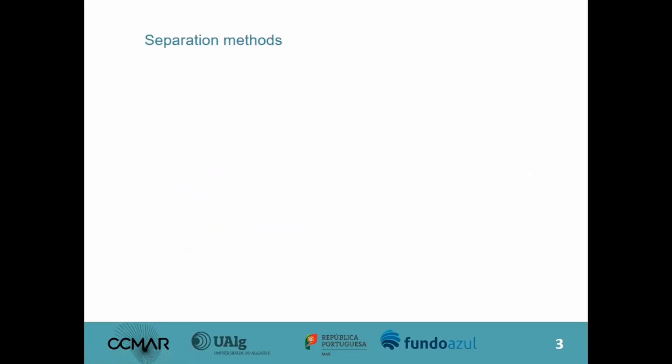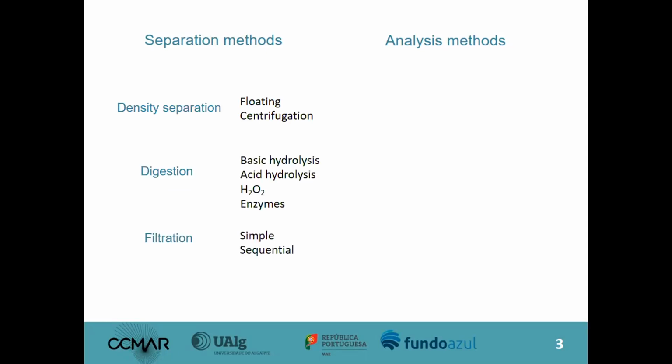But before going deep into these available methods, we have to discuss the separation methods, that is the sample preparation procedures, which are key to getting a good analysis of microplastics in samples. In general, there are three main sample preparation procedures. One is density separation.